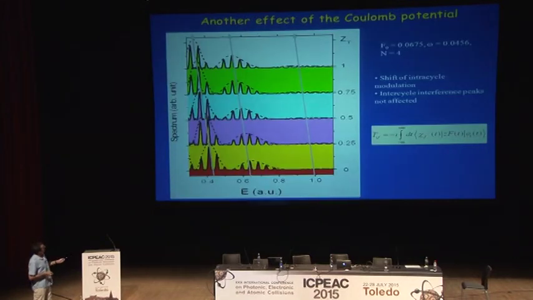So another effect of the Coulomb potential is the following one. Here I plot the photoelectron distribution along the polarization axis in the forward and backward direction. And I do it within an approximate approach, the Keldysh-Faisal-Rice approach.